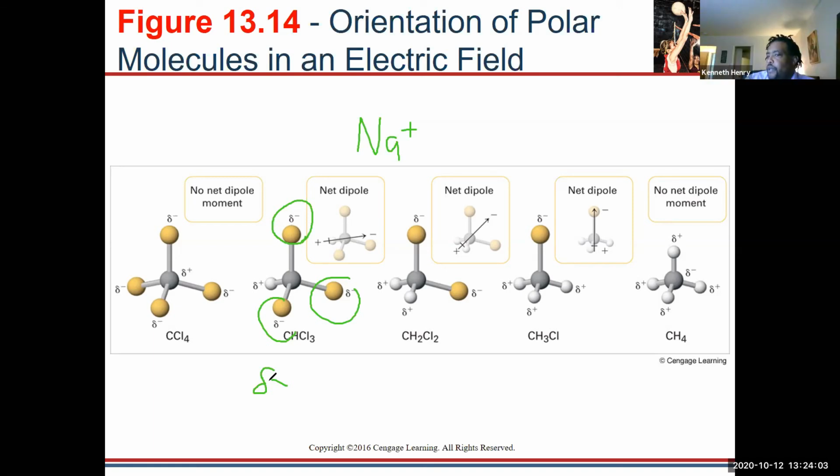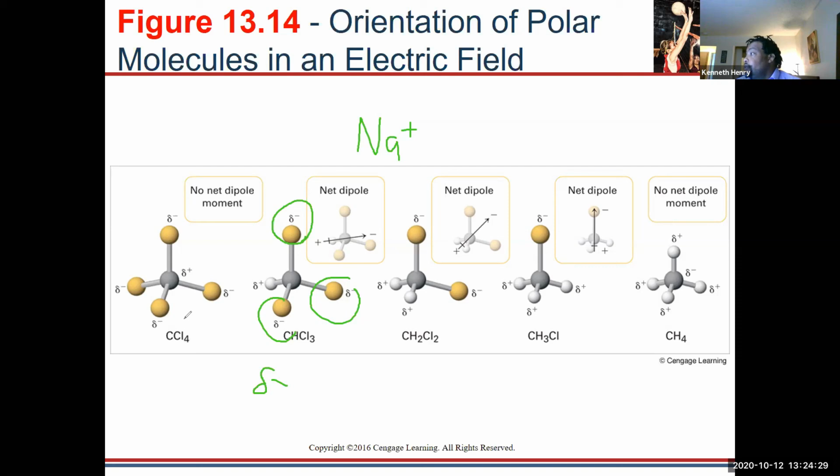Okay. Are we good? Any other questions? I love when you have questions like that. Yeah, when they're polar, they'll never be symmetrical. That's only for nonpolars. That's right. Unless, right, this one here, remember each bond was polar, but the molecule was a nonpolar molecule, right? And so in that case, it's no net dipole because everything is being pulled evenly.